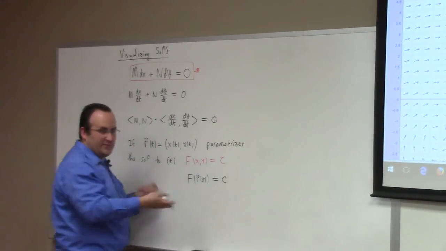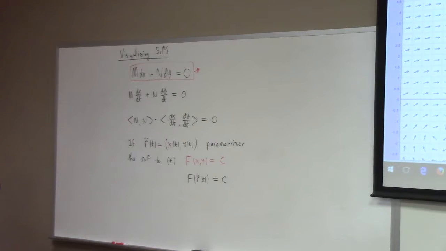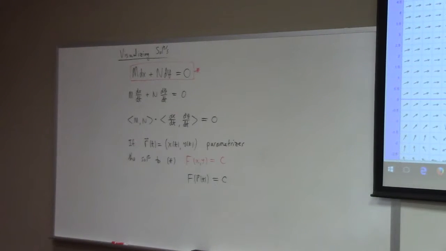I give you x as a function of time and y as a function of time. When I plug those into the level curve, which is the solution to the differential equation, it works, right? So geometrically, what's the relation between a parameterization of the solution and these coefficients M and N?